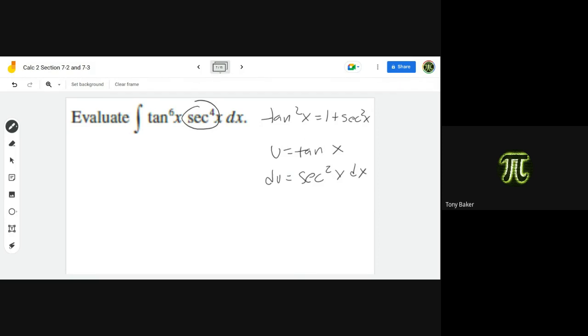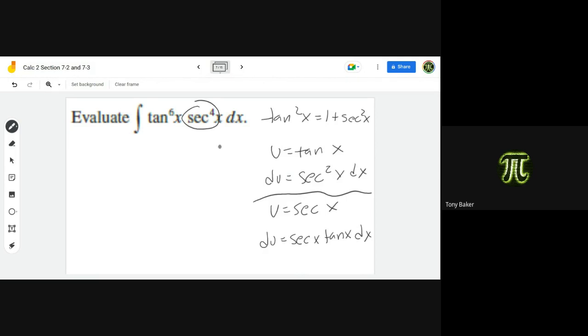Secant is secant tangent. If u is secant of x, du is secant x tangent x.